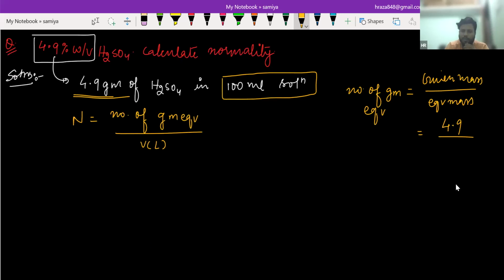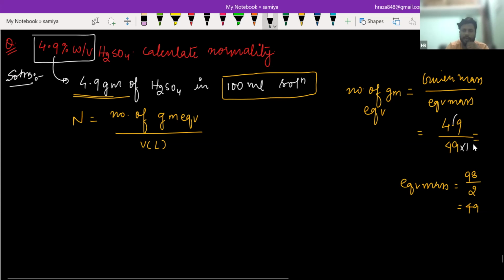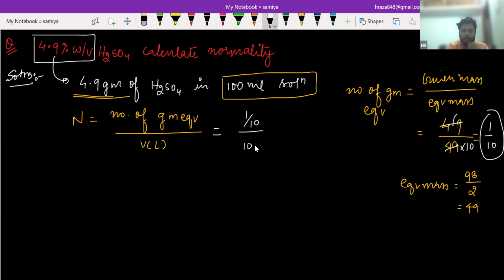We just calculated the equivalent mass of H2SO4: molar mass 98 upon 2, because H2SO4 gives 2 H plus. So it will have a value 49. Now just put the value 49, remove the decimal and multiply by 10 in the denominator, and you will get 1 by 10 gram equivalent. So the number of gram equivalent has a value 1 by 10. Volume of solution is 100 ml, and to convert it into liter, we divide by 1000.